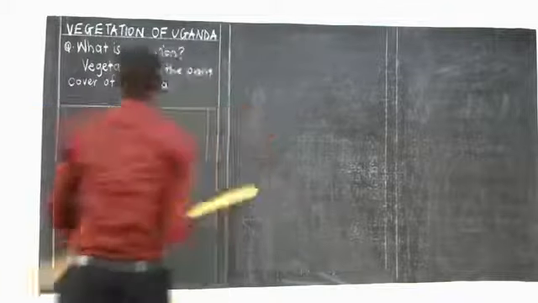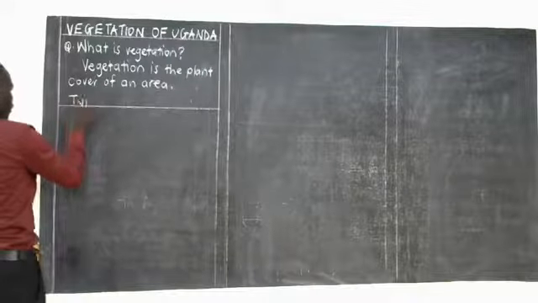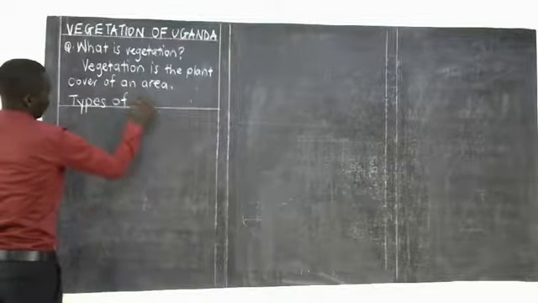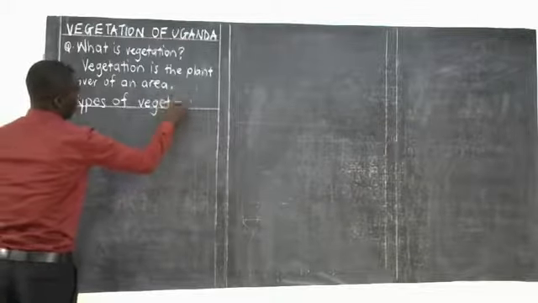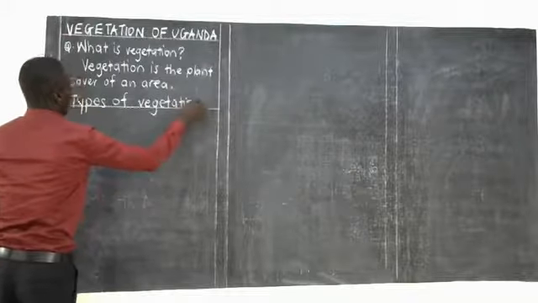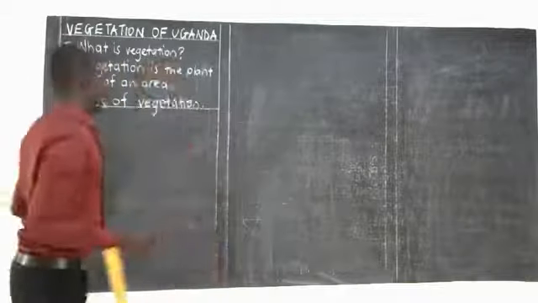Let's look at types of vegetation. There are basically two types of vegetation.